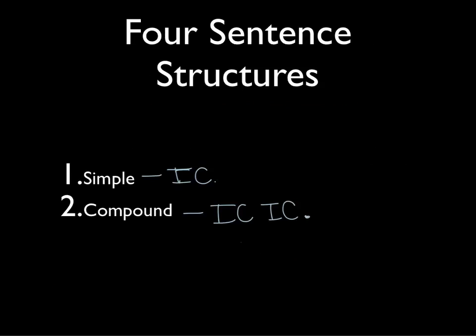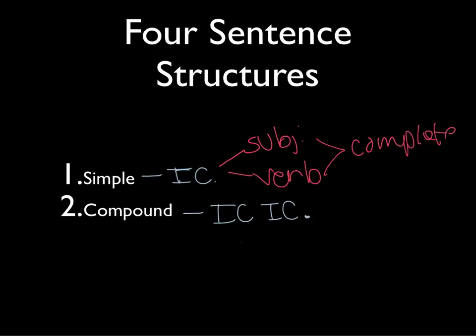Let's do a quick review of these 2 sentence structures. A simple sentence is an independent clause, just one by itself. Remember, an independent clause has to have a subject, and it has to have a verb. It needs to be a complete thought, so we'll add that idea. It has to be a complete thought. Second was a compound sentence.